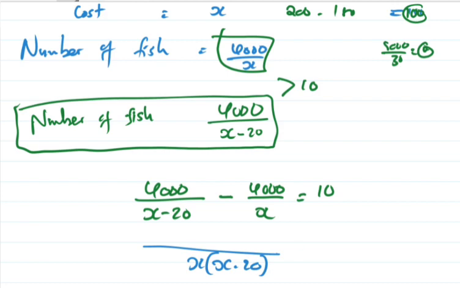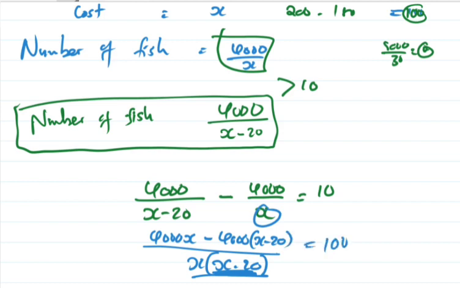Then x minus 20 divided by x, open a bracket, x minus 20, then it's on the x times 4,000, and then it can be 4,000x, then minus, you put this in a bracket, then we have 4,000 here, then x minus 20 is equal to 10.